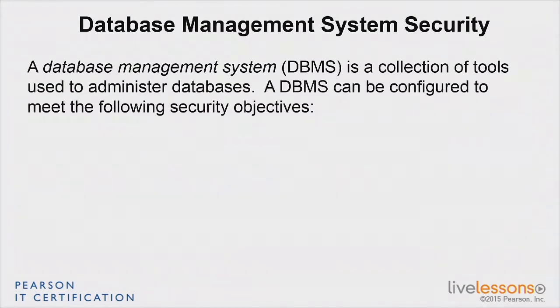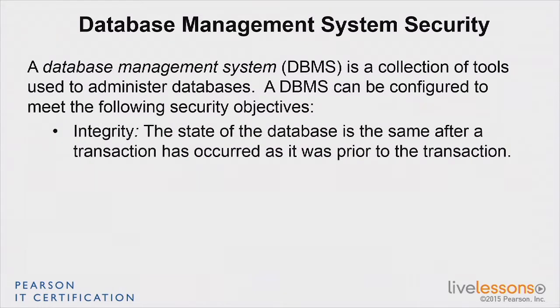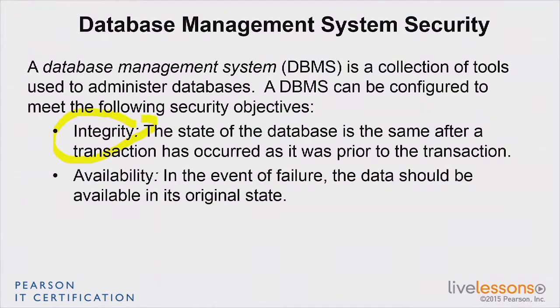So a database management system, referred to as a DBMS, is a collection of tools that are used to administer a database. A database management system can be configured to meet the following security objectives. The first is integrity, that the state of the database is the same after a transaction has occurred as it was prior to a transaction. The second objective is availability, that in the event of a failure, the data should be available in its original state.